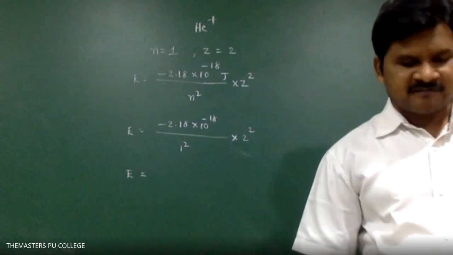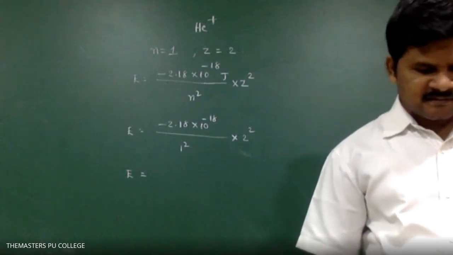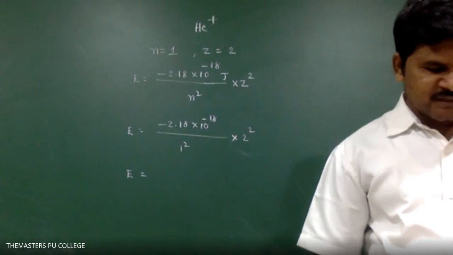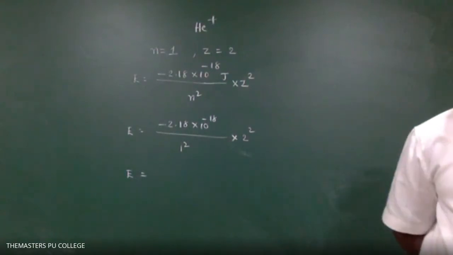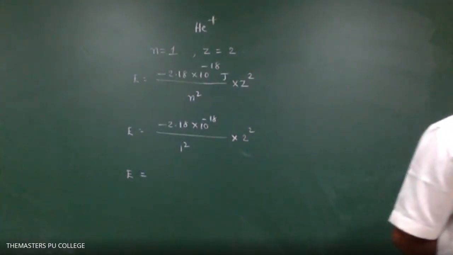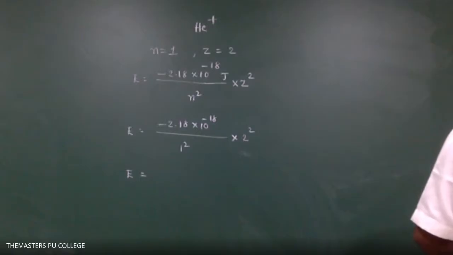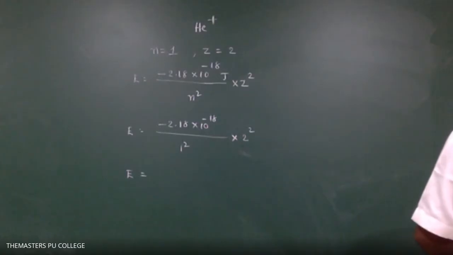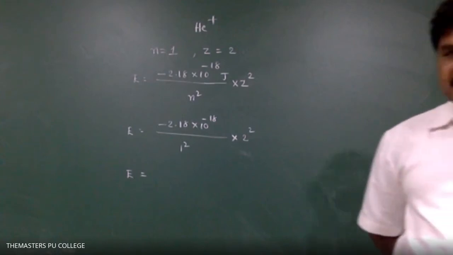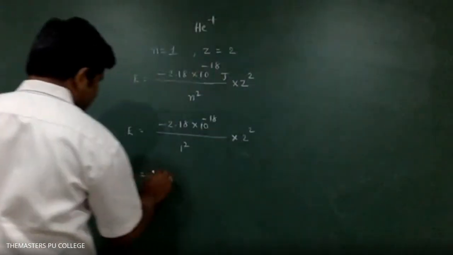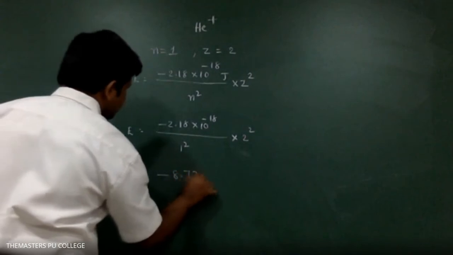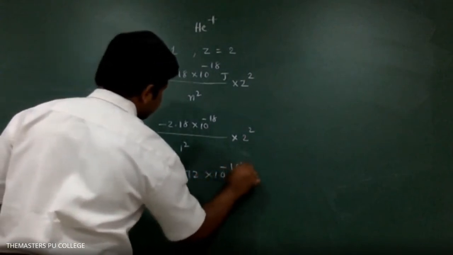Check once: 2.18 into 4. That is 8.72, not 9.72. So E is 8.72 into 10 power minus 18 joules. Okay?